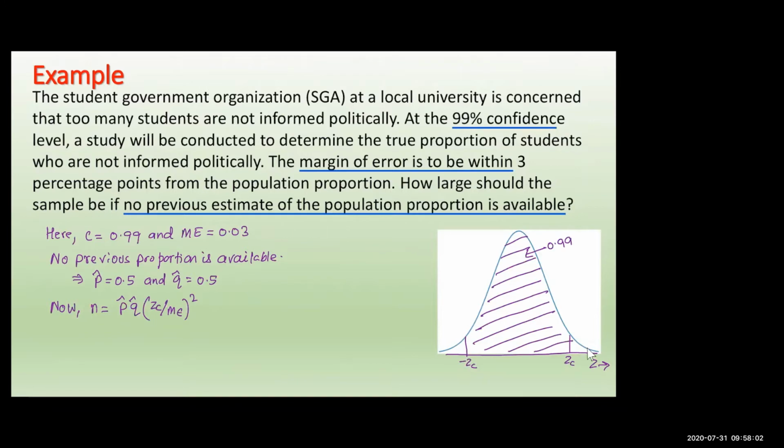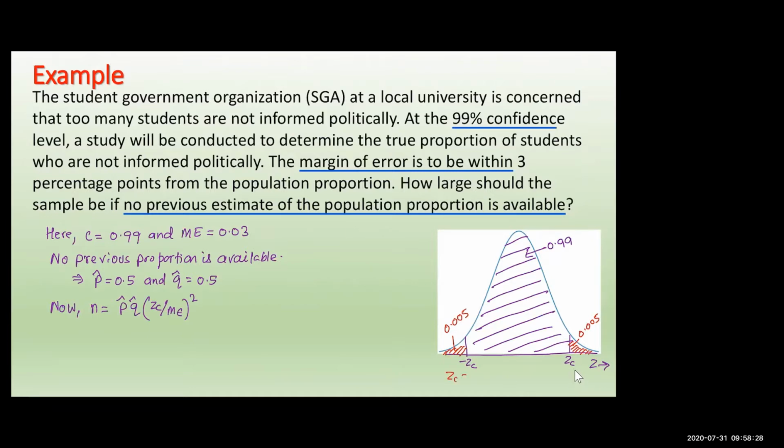The area in the tails is 1%, divided into two parts, which is 0.5% on each tail, meaning 0.005 on each side.